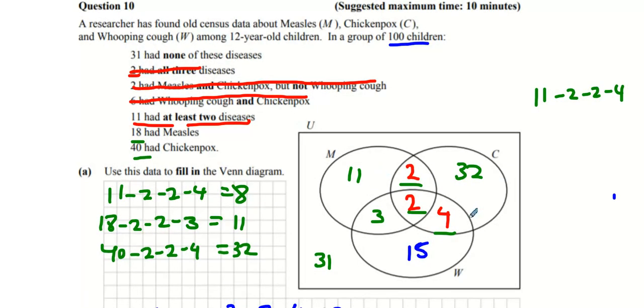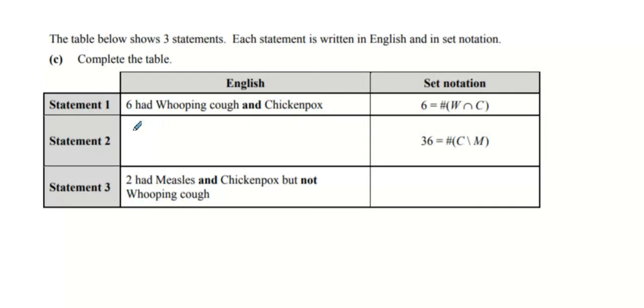So 36 is these two here. Everybody that had chickenpox but is not in the measles category. 36 had chickenpox but not measles.